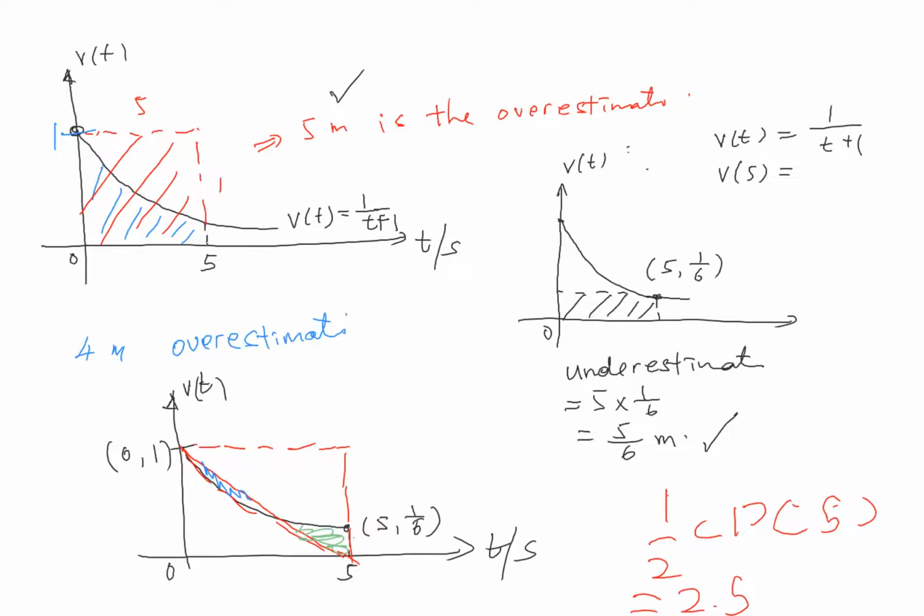You can't judge unless you draw accurately. Correct? So in this case, 2.5, I cannot judge whether it's an overestimate or underestimate. But I can do another better approximation whereby it's an overestimate by drawing another shape.